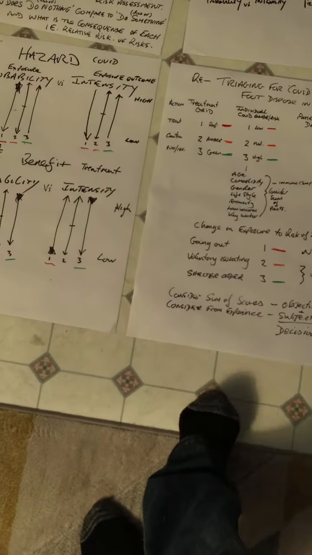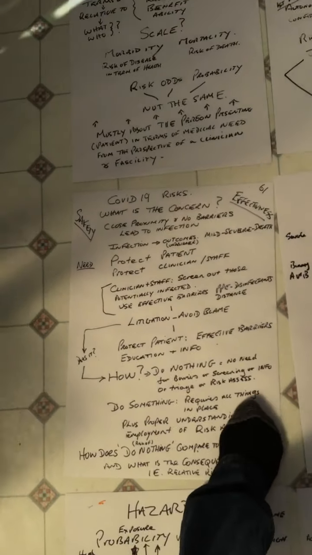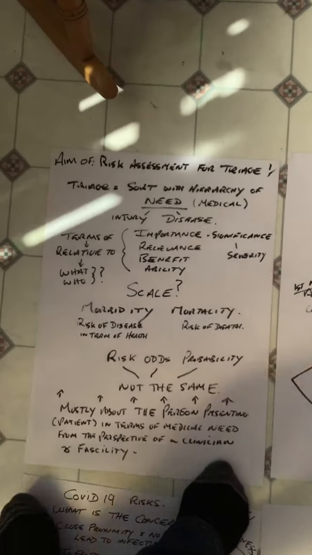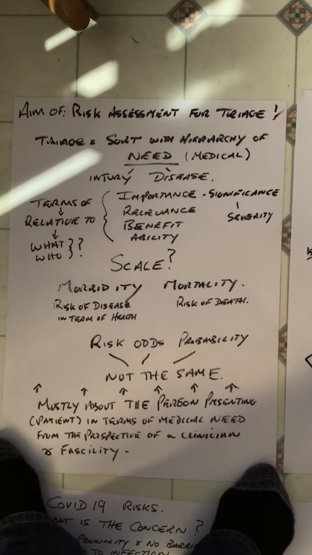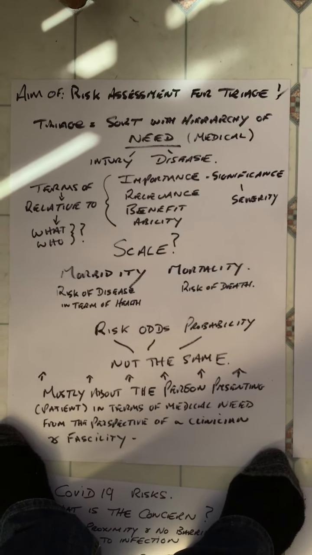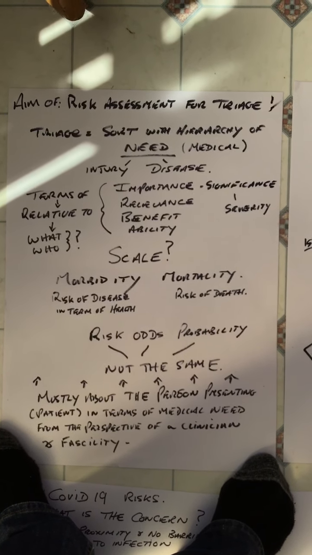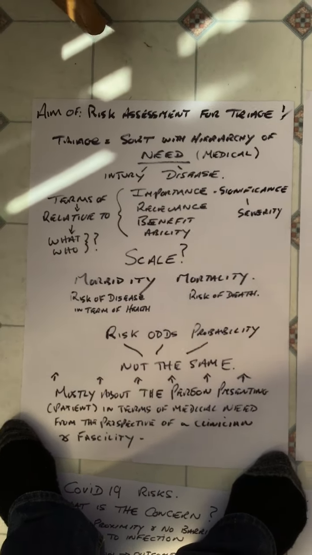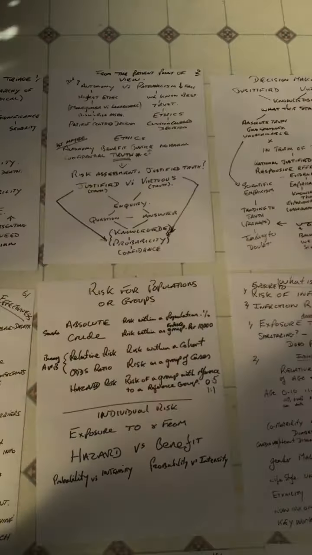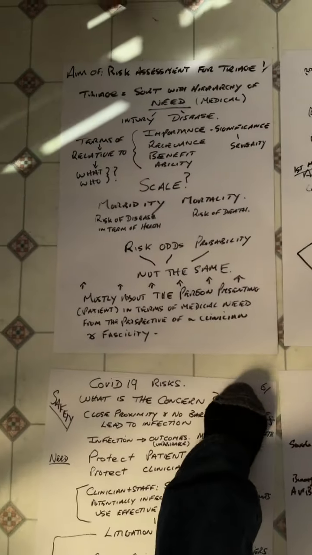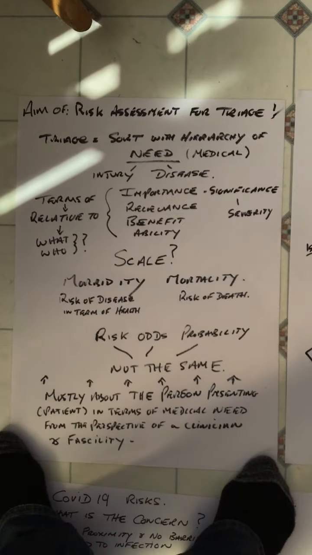But so that I could get a better idea of how to do that risk assessment, because that's what a triage is, I set about doing a reasoning project, and I like to work on paper like this and spread it out so I can see what's going on all in one go.